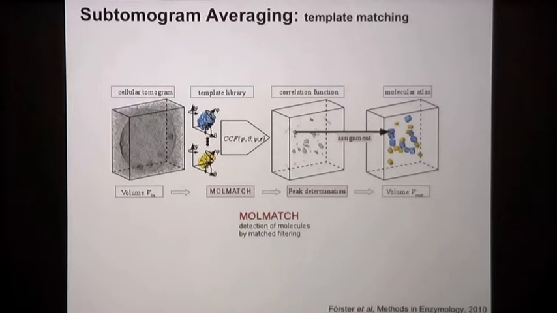Then we would cross-correlate that density to the tomogram, and then using some sort of cutoff function, we would determine the cross-correlation peaks inside this tomogram, and then using the peak assignment, we can go into our tomogram and extract the subvolumes, the subtomograms, which can be used for subtomogram averaging.